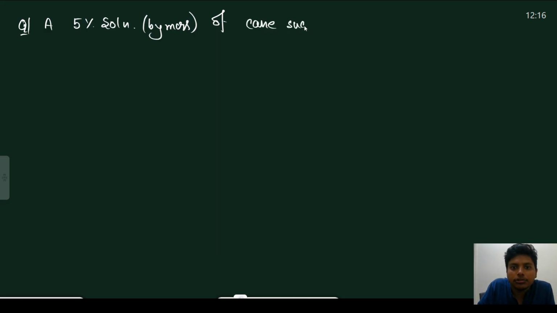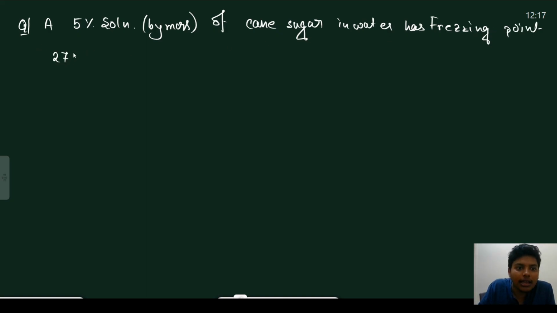The question is: a 5% solution by mass of cane sugar in water has freezing point 271 Kelvin.